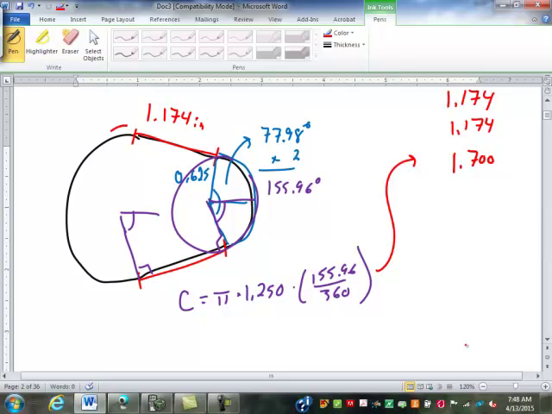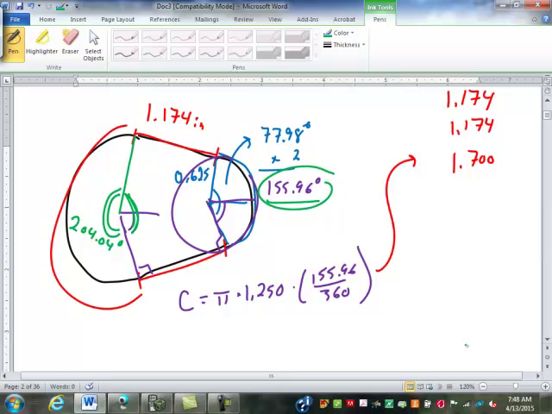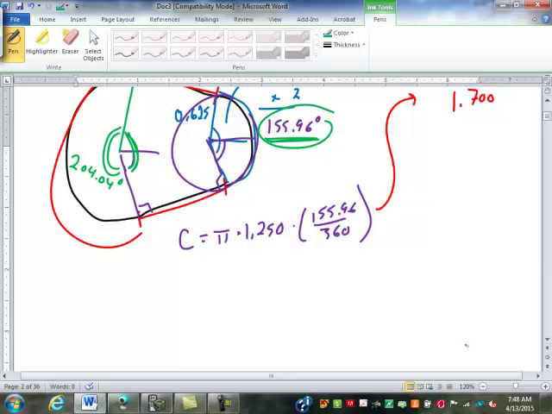How about this one over here? Do I know this angle? Kind of. Yeah, it's 360 minus the 155, so it's going to be 204.04 degrees. Because this over here is the 155.96. So that one, the circumference, of course, is going to be pi times 1.625.